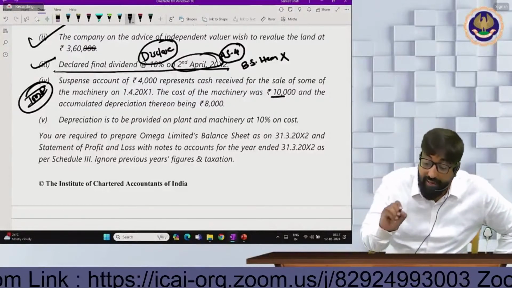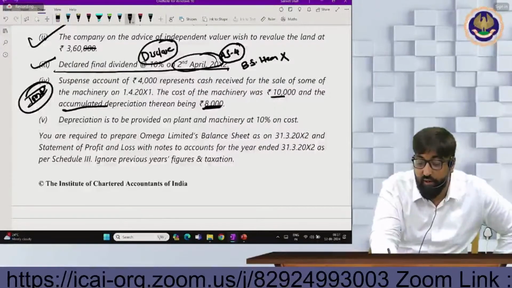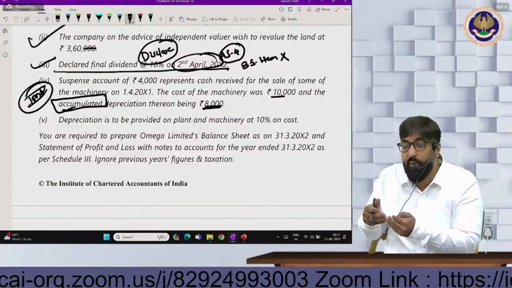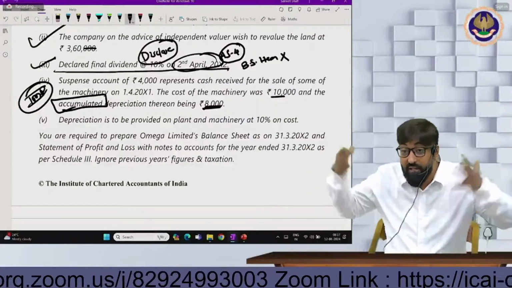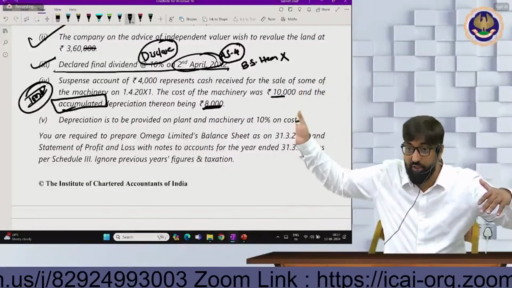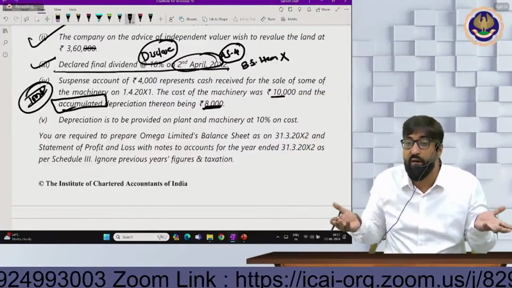And till today we have provided depreciation, which is called accumulated depreciation. What is accumulated? Till today, every year's depreciation we provided gets accumulated. So those who have not covered it in the foundation, those who are direct entry students, please try to understand what accumulated depreciation is.